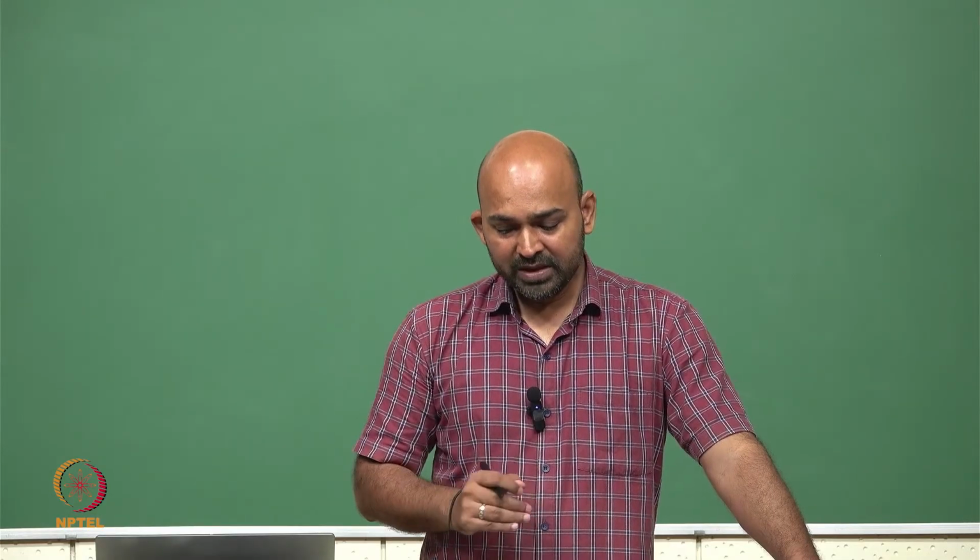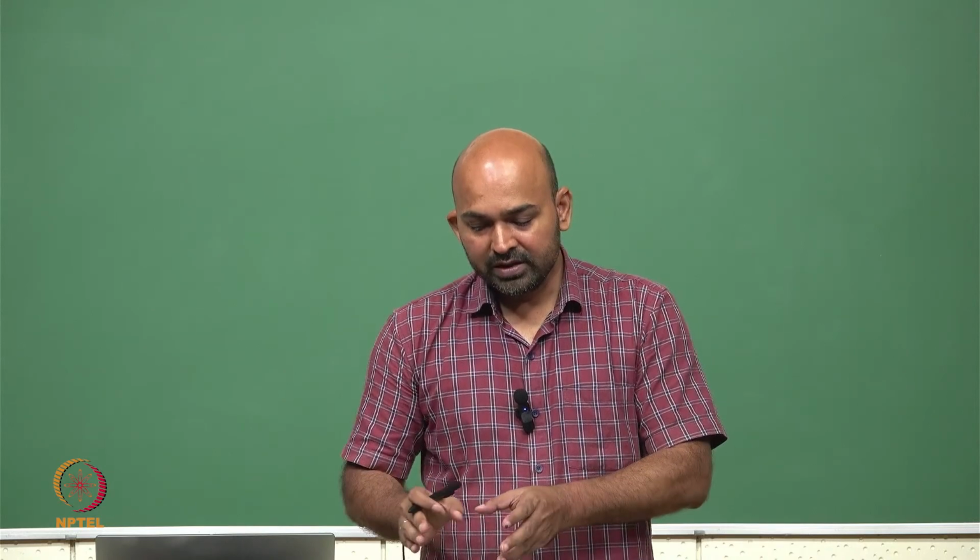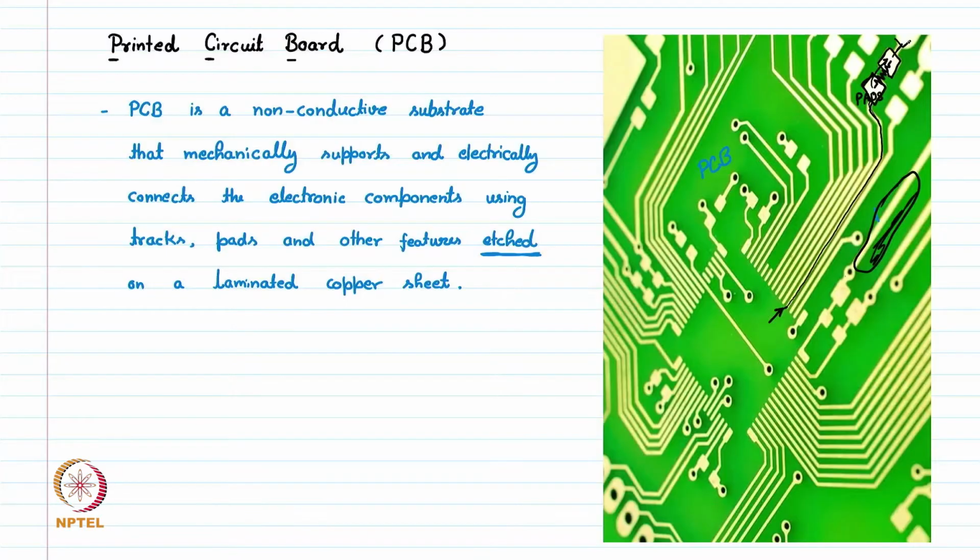So once we have this PCB, if we are talking about this substrate without any components put in, then it is called a PCB or printed circuit board. But once we start putting the components, ICs, resistors, capacitors together, that time it is called the PCB assembly.